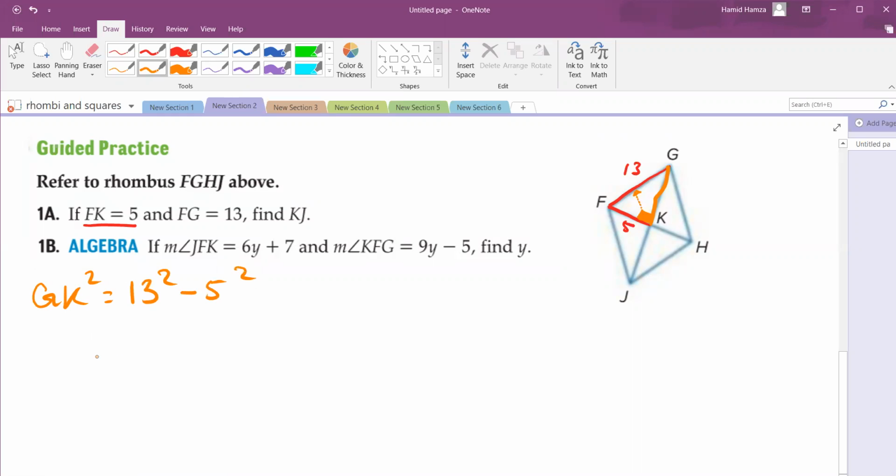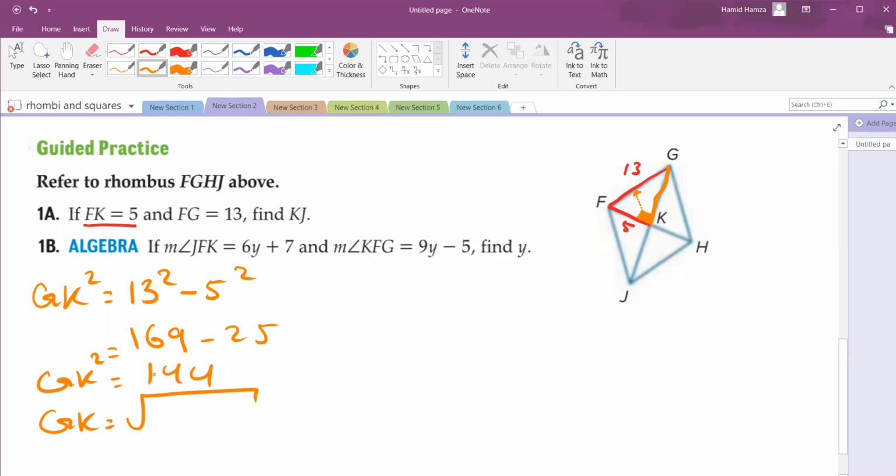So it will be 169 minus 25, so it will be 144.